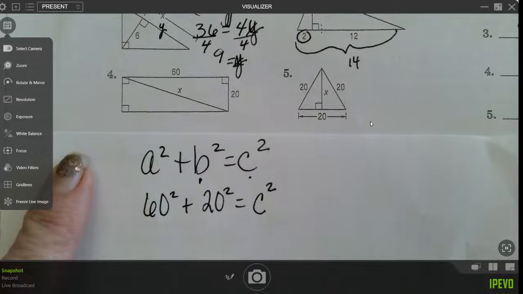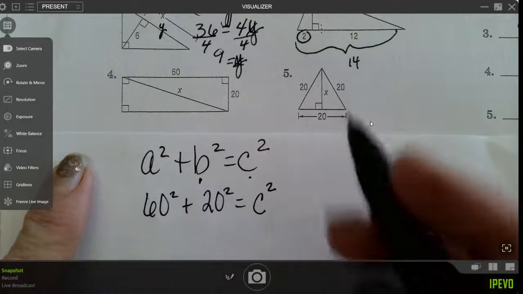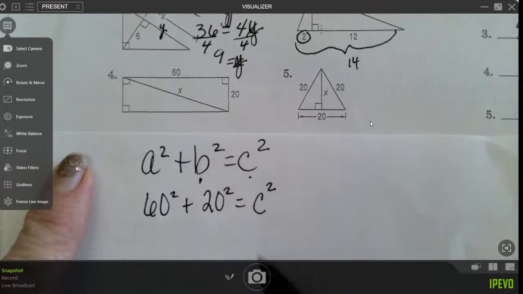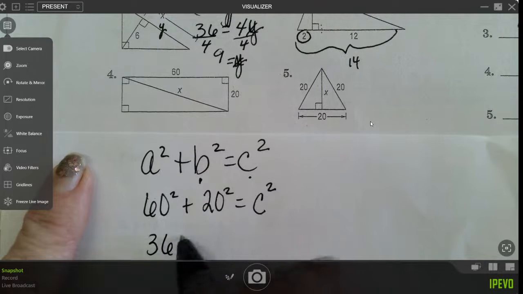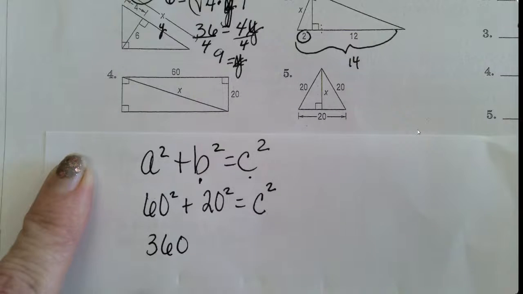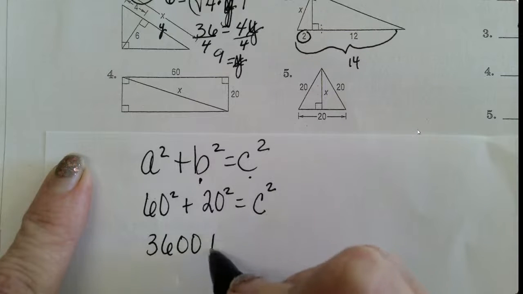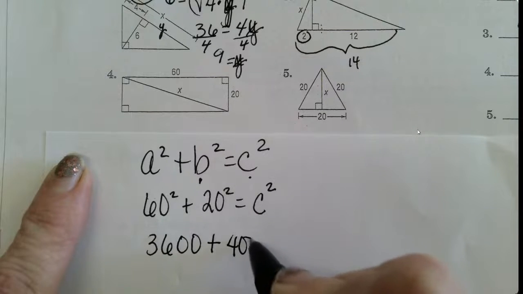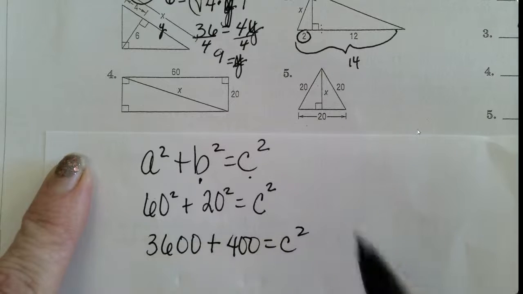So then we just do our math here. So we would do 60 squared, which I think is 360, but y'all better check me. $3,600. I wasn't even close, was I? Okay, and then 20 squared is 400. That one I do know. And so we add those together.